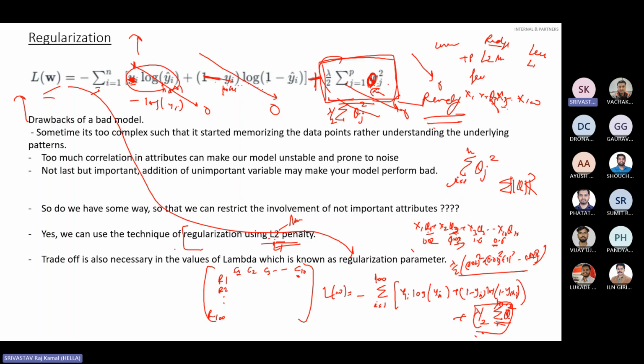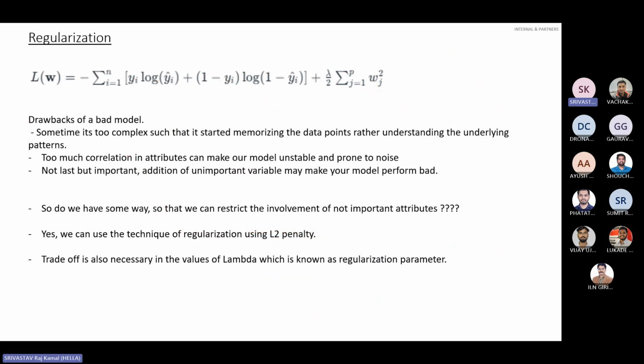So that's how we penalize our model or regularize our model learning during training, by adding a penalty term. The penalty term finally takes care of the thetas and indirectly tells the model to improve the thetas which are not working. This is what I wanted to edit here. Any issue with this term?